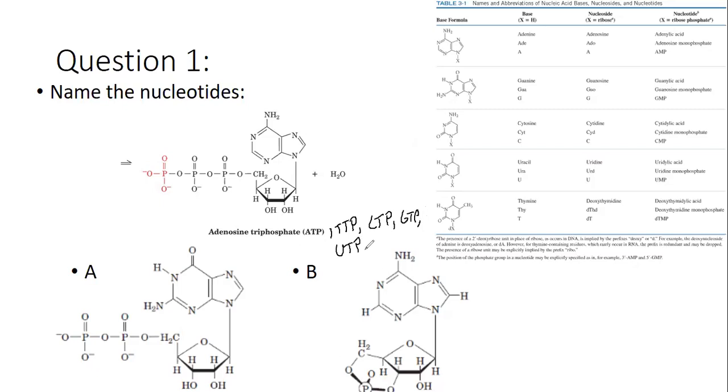Can anyone come up with a hypothesis as to why we use ATP for energy compared to everything else? There is a caveat there. We do use GTP in some enzymes, but the majority of enzymes use ATP. Can anyone come up with a hypothesis of why we use ATP, not CTP, UTP, TTP, or GTP more?